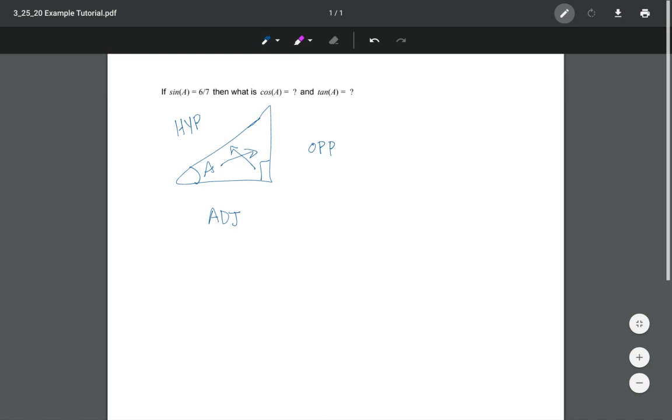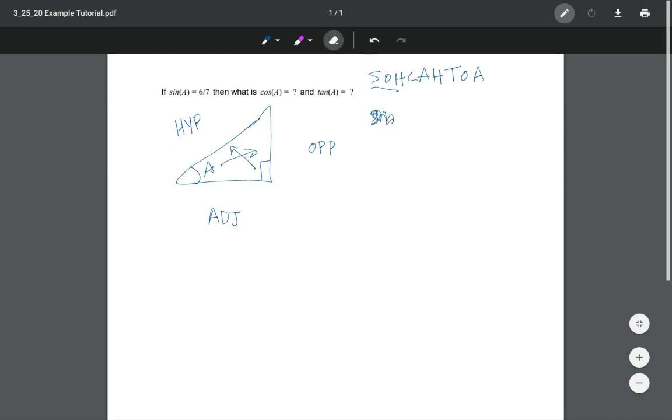Okay, so from here, the next thing I'm going to do is write down my mnemonic device to remember my trig functions, which you have learned as SOHCAHTOA. And then I'm going to look back at my problem, and what was given to me is the sine. So if I look at sine up at the top here, sorry, that's a little hard to read.